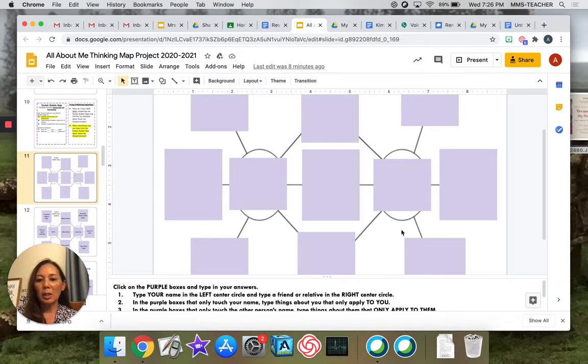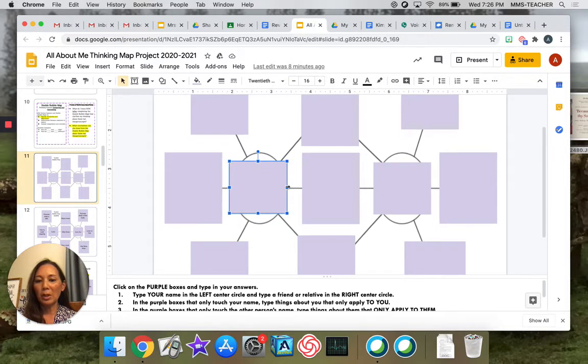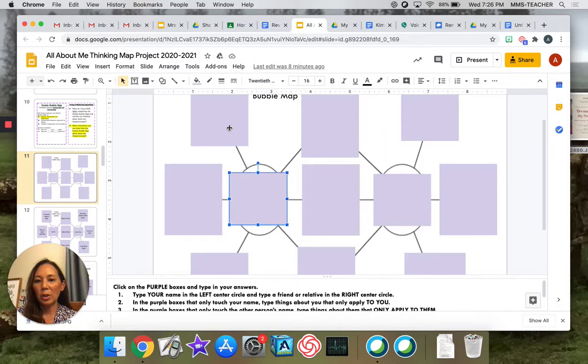Step 2, in the purple boxes that only touch your name, type things about you that apply only to you. So your name is on this side, and you would type in things that only apply to you in these boxes here. Okay, because these are the 3 boxes that touch your name.